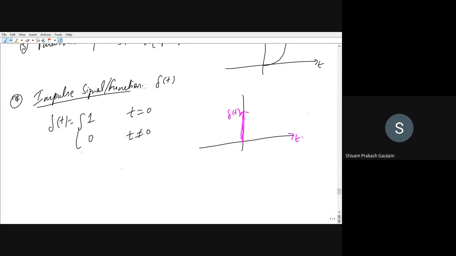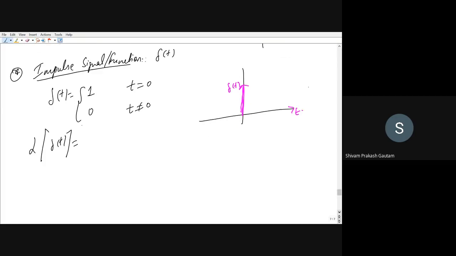And what is the Laplace transform of del t? The Laplace transform of del t is equal to 1. Why is it 1? Because you can use the formula: the Laplace transform of del t is the integral from 0 to infinity of del t e to the power minus st dt.